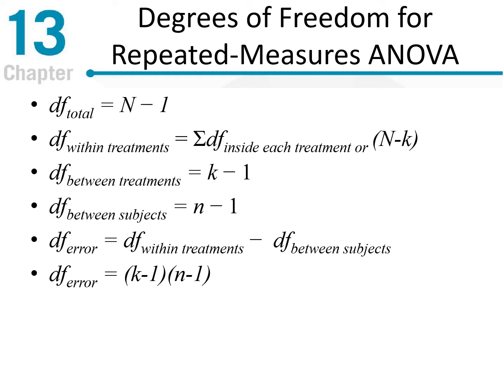Now, once you have the sum of squares, you need the appropriate degrees of freedom. Degrees of freedom total is N minus 1. The degrees of freedom within treatments, you just add up the degrees of freedom for each treatment, or you could just do N minus k, where k is the number of groups. The degrees of freedom between treatments is k minus 1, where k is the number of groups.